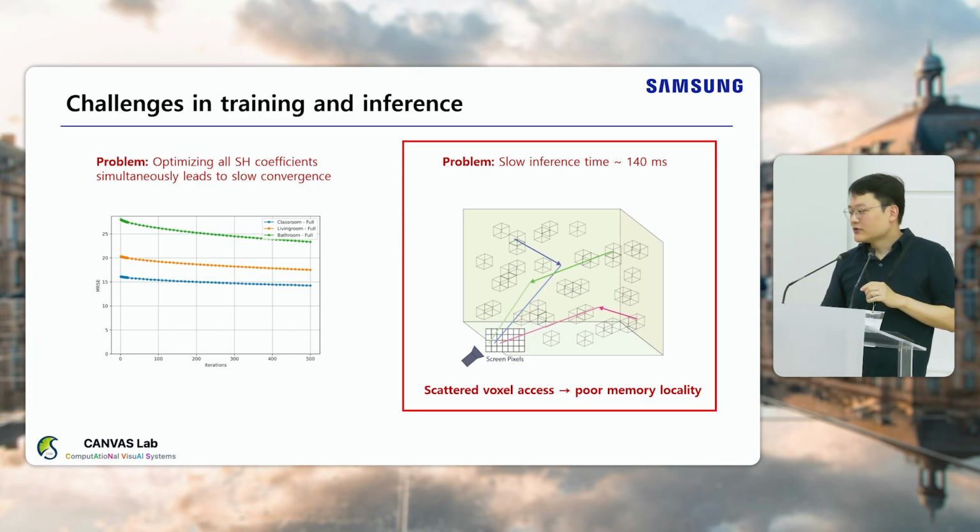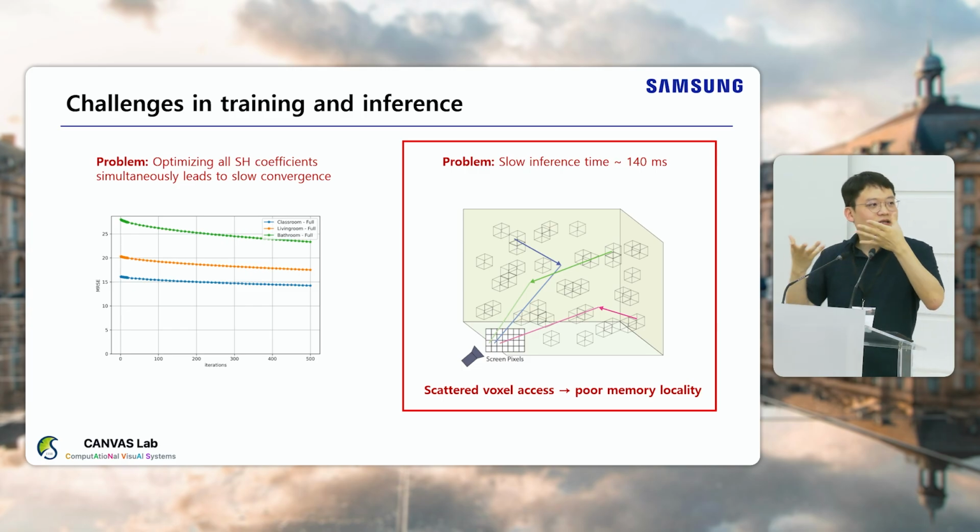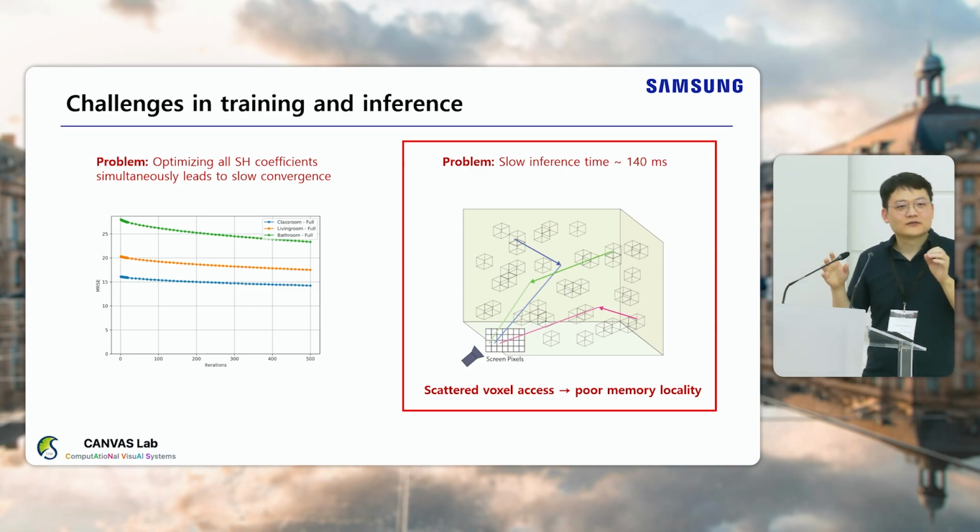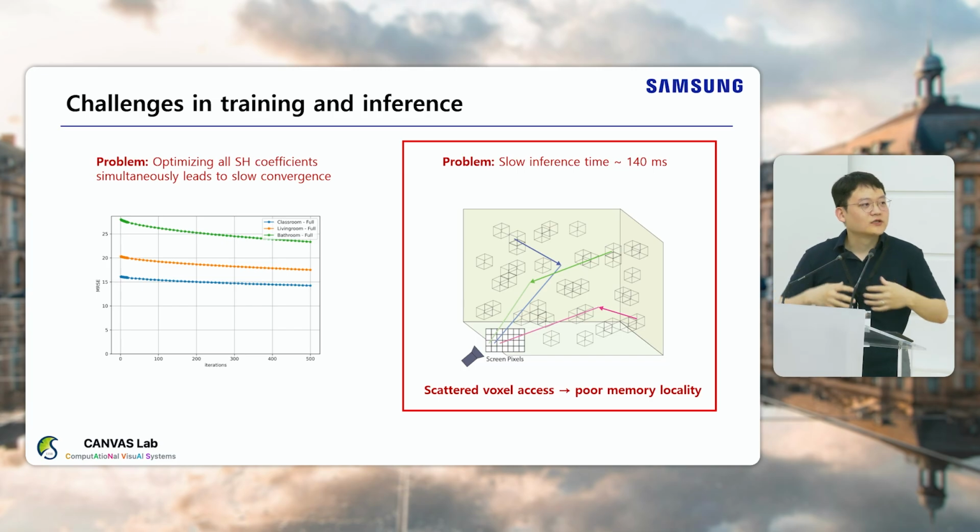So if we perform the computation based on these screen pixel locations, they are not really locally grouped. So before actually performing the inference, we check the location of those voxels and we sort them, and we group nearby voxels in world space. Therefore, we can improve the memory locality.